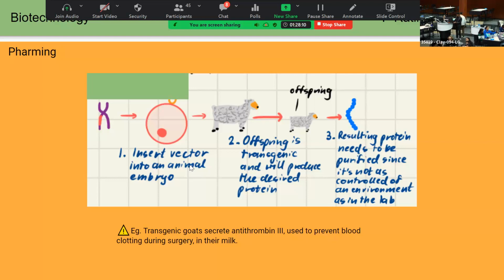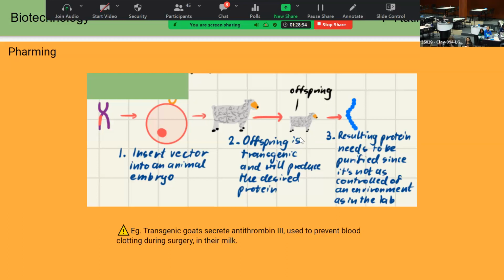Okay, let's get into this quickly. So first, farming. You have this gene here that you want to replicate. You want to make a lot of it. So you insert this into a nucleus of an animal embryo, and then this is transplanted into an animal.